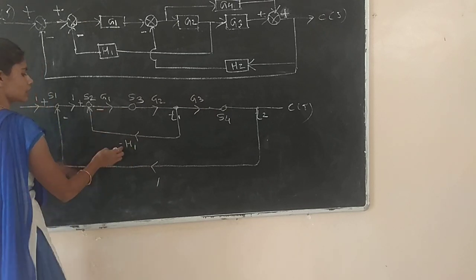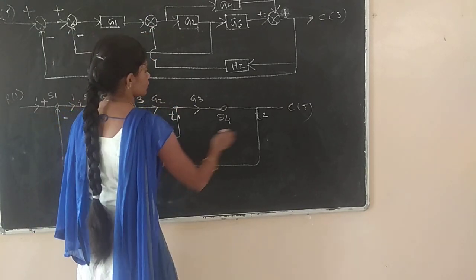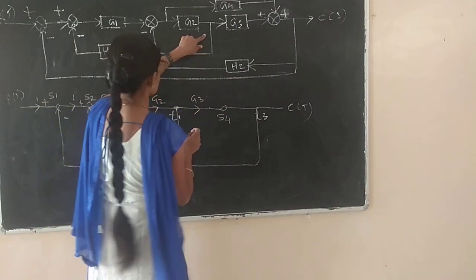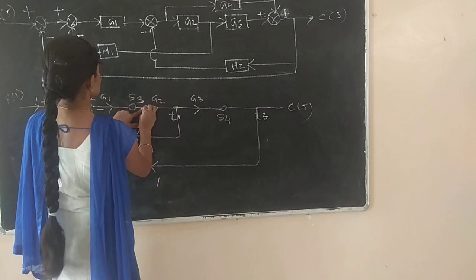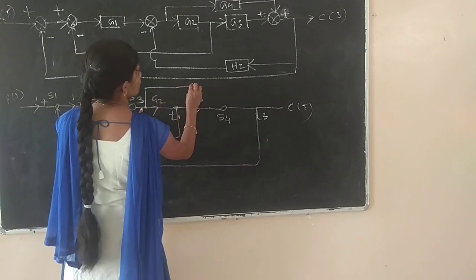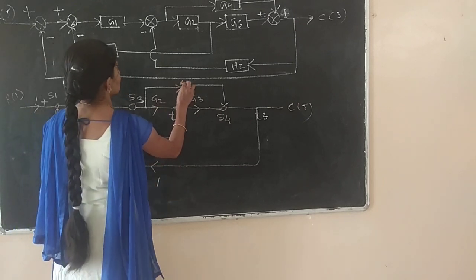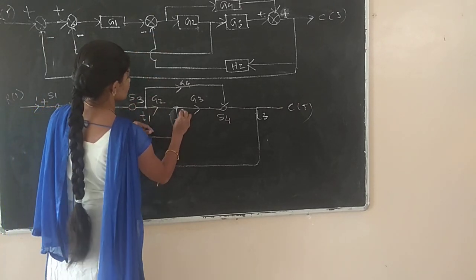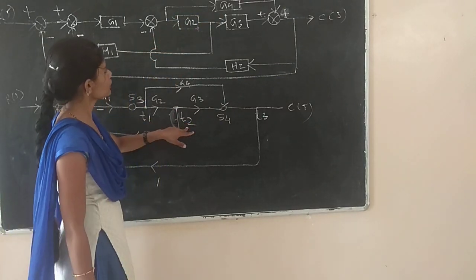Here it is minus H1. The second take off point is before G2, and this take off point is given to the fourth summing point, and this is G4. So we have T1, T2 and T3.